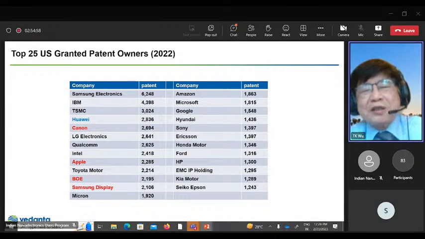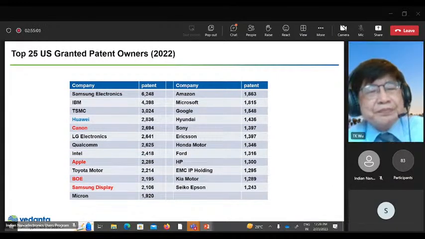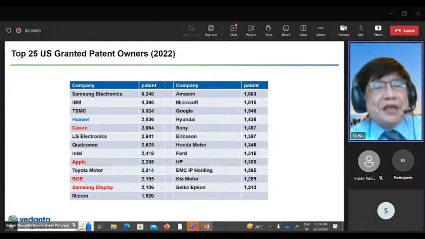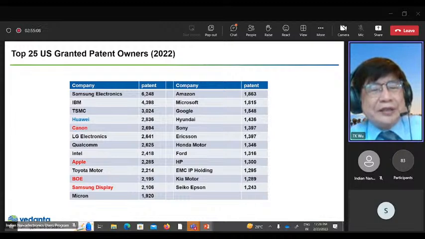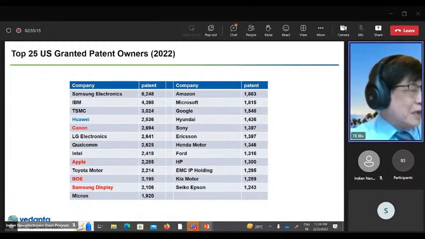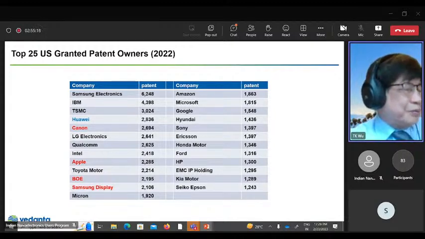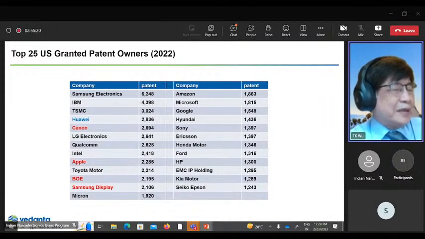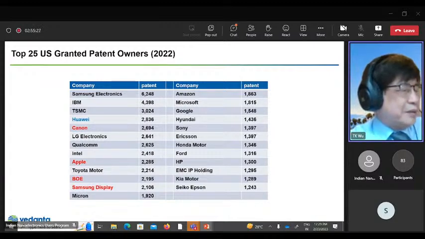Samsung Display, of course, is a display company too. The other one, Samsung Electronics, has a lot of semiconductor-related patents. TSMC is a semiconductor company. Micron is a semiconductor company too. So I think we can find that semiconductor, display, automobile makers and internet companies are the four major players in patents among the top 25.